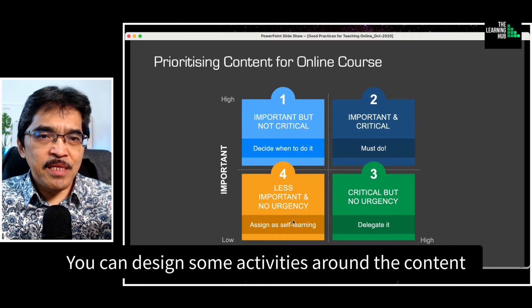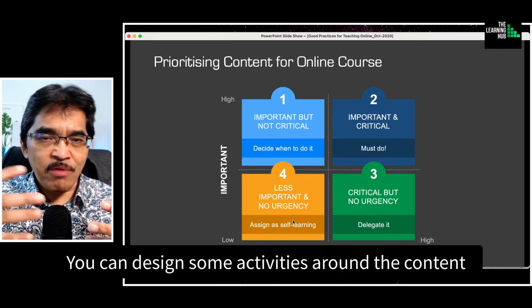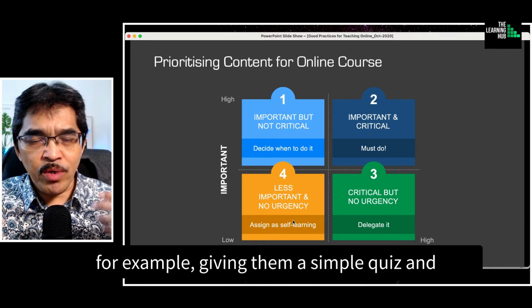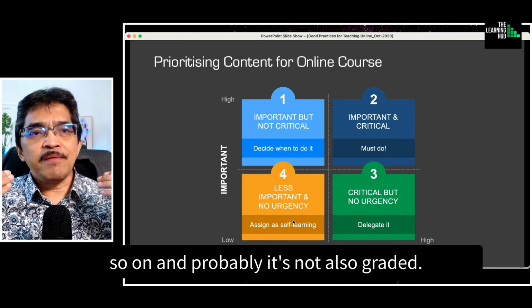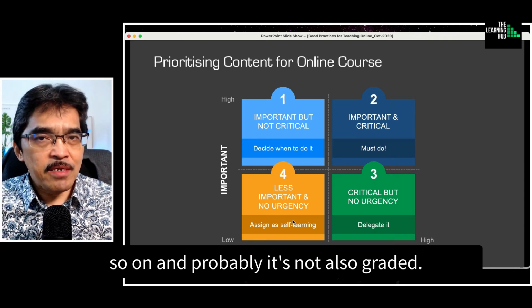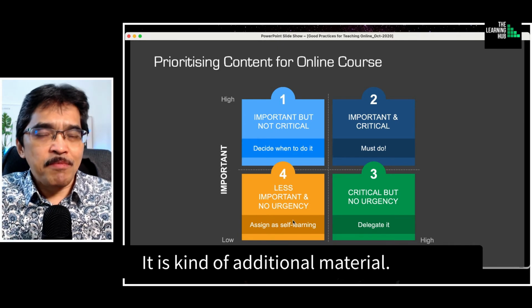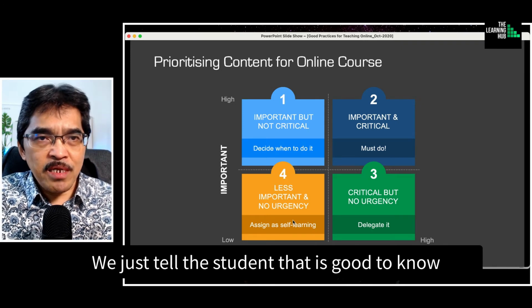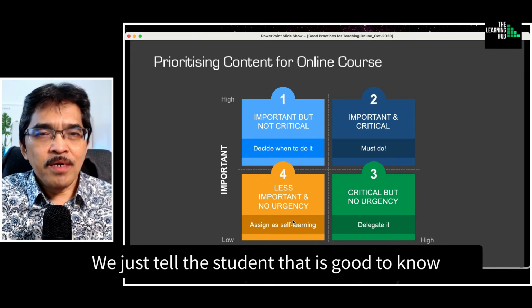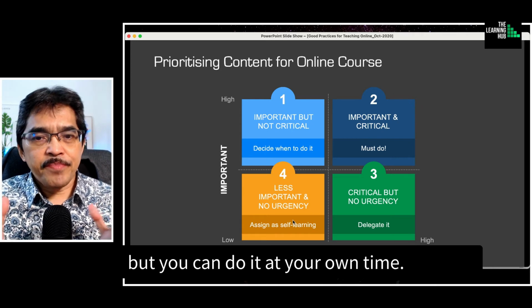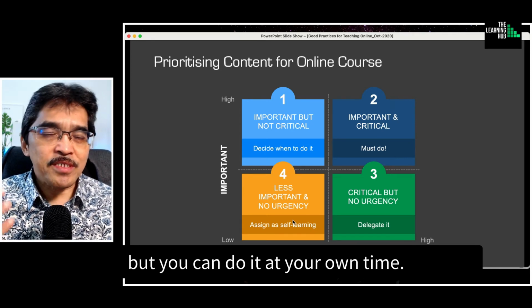You can design some activities around the content, for example, giving them a simple quiz and so on. And probably it's not graded. It is additional material. We just tell the students that it's good to know, but you can do it at your own time.